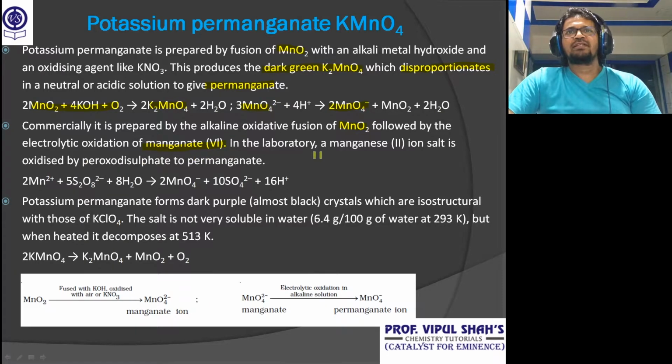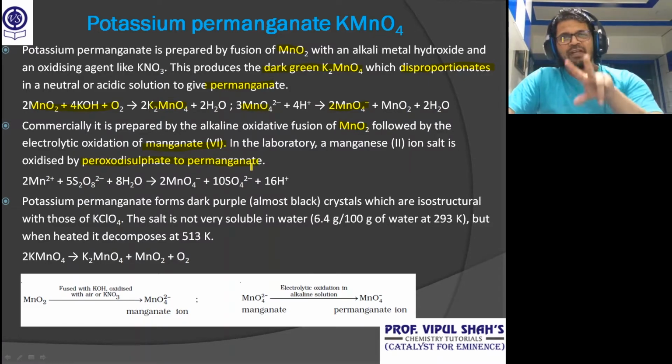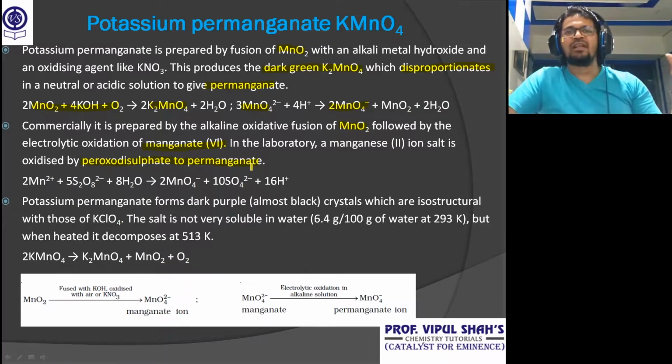In the laboratory, a manganese(II) salt, that is the +2 state, is oxidized by peroxodisulfate to permanganate. What is peroxodisulfate? One peroxide bond between two sulfate ions, SO4 2-, giving S2O8 2-.